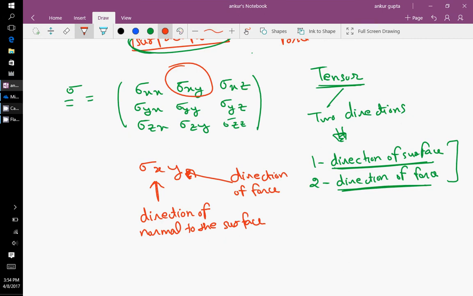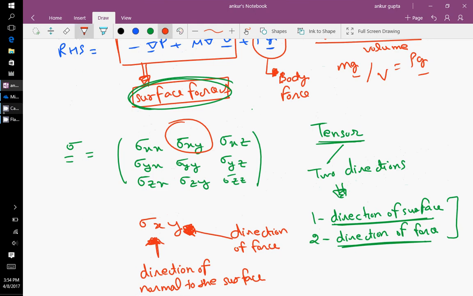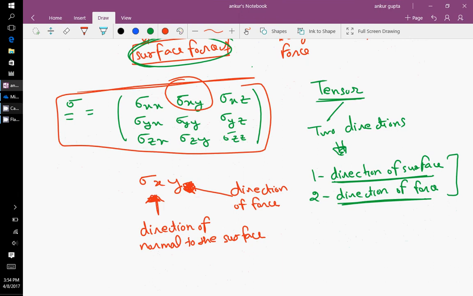Okay. So whenever you need to define any force from a surface, you need to have a tensor involved. So we introduced this tensor called the surface stress tensor, and we said that it has 9 components because we need 2 directions, one direction of normal to the surface and one direction of force.